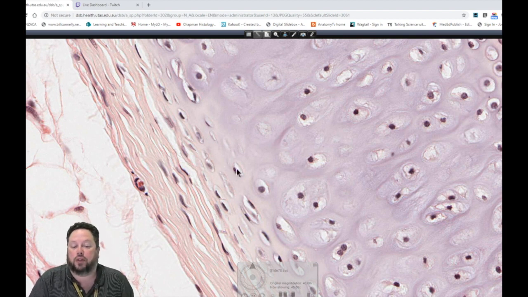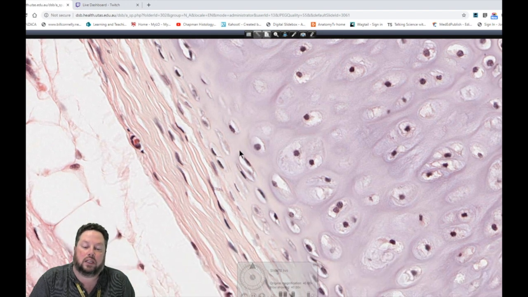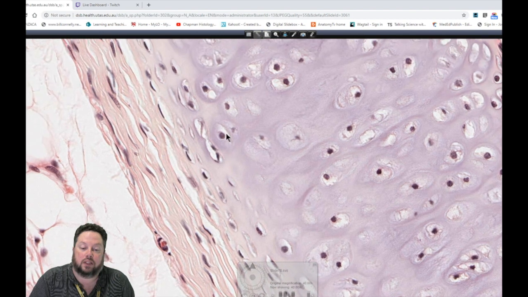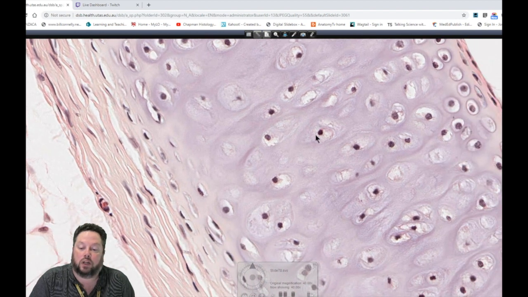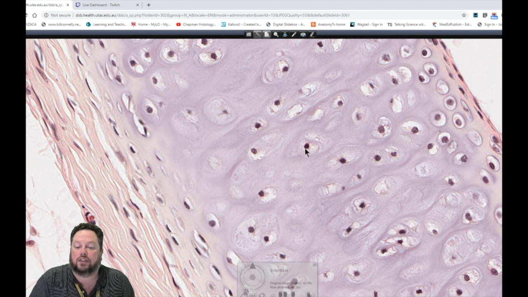So these cells, the chondroblasts, are the ones that are going to be found more towards the periphery of the cartilage itself. So the more rounded ones here that we can see are going to be the chondroblasts, and then the ones which are more central here with the slightly darker nuclei are the chondrocytes.